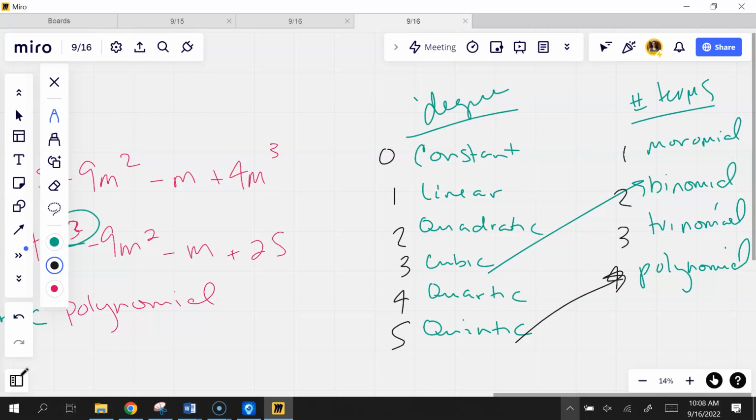Terms, polynomial. This is 4 plus... Look at number 14.